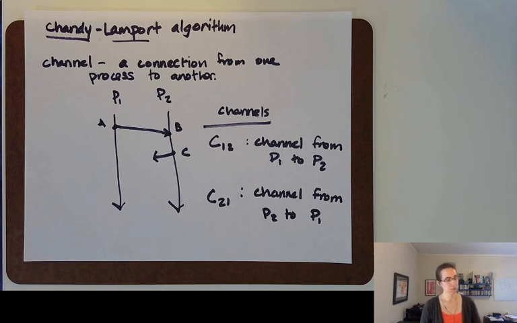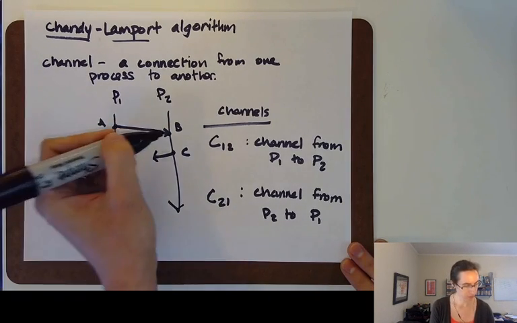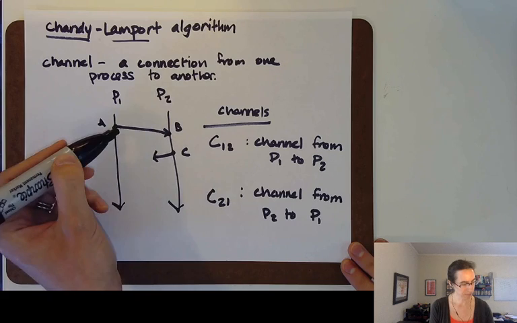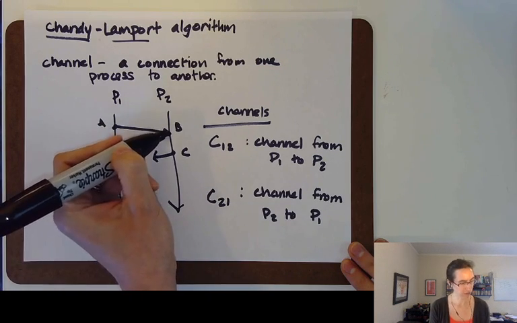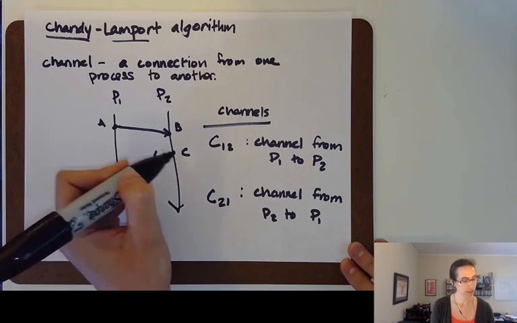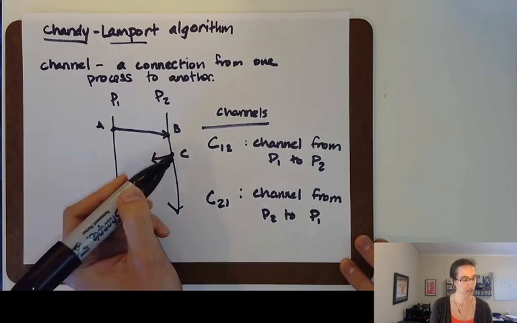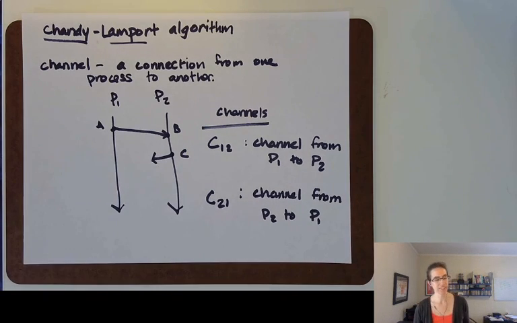So in this picture, one message has been sent from process 1 to process 2. So at this point, we're going to say this message has already been sent, the one where the send is event A and the receive is event B. And then there's this other message here whose send is event C here. And this message is currently in flight from P2 to P1.